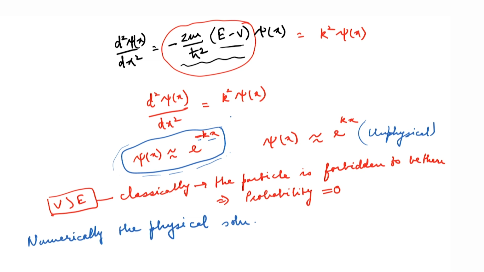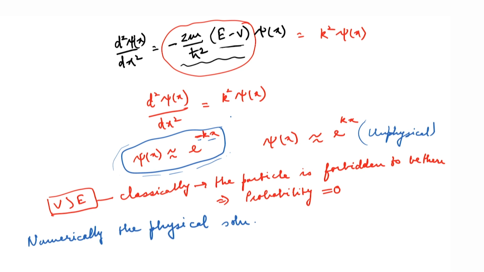So, we will see when we do the example of the Schrodinger equation how, if we do not take care of this particular aspect of the quantum mechanical problem, you can end up with wrong diverging wave functions in the classically forbidden region, although you might not find any problem in the quantum mechanically allowed region.